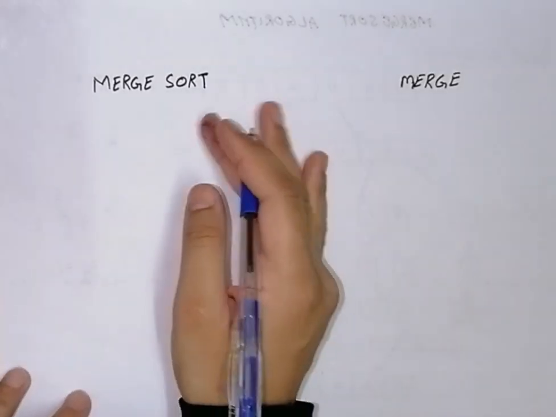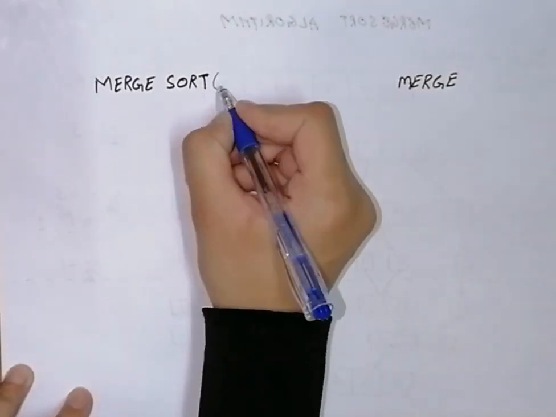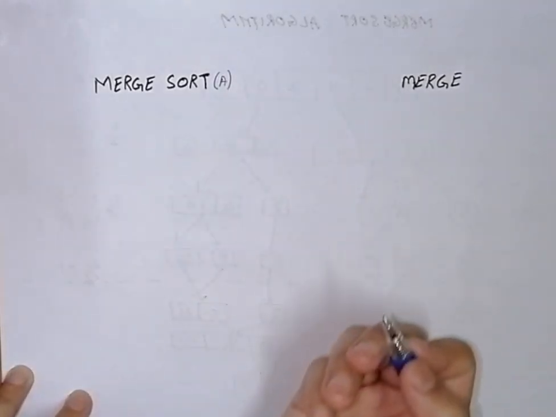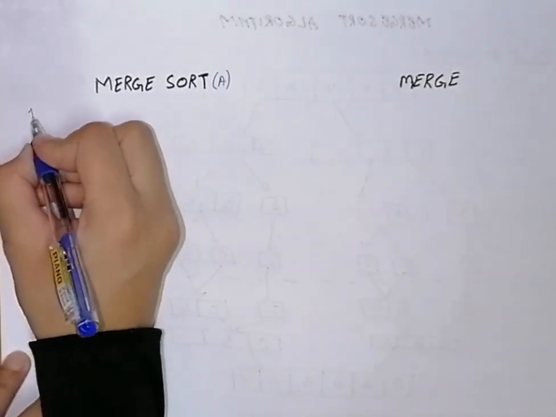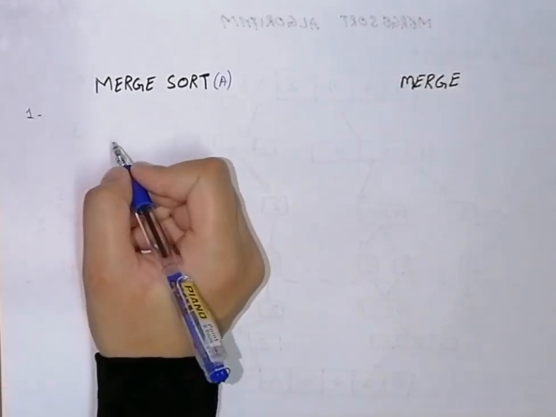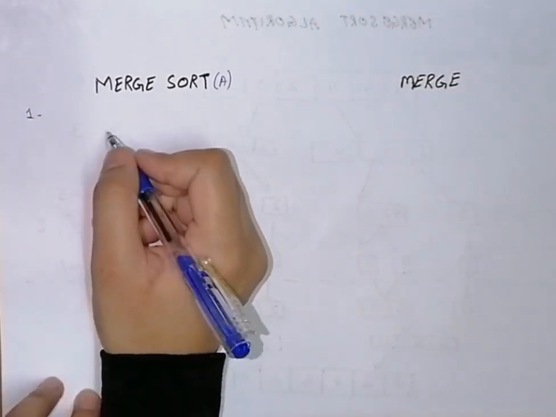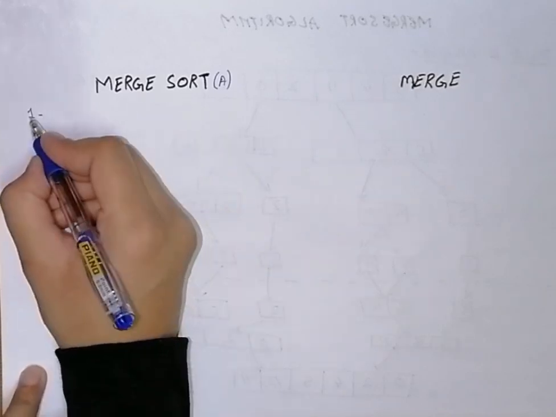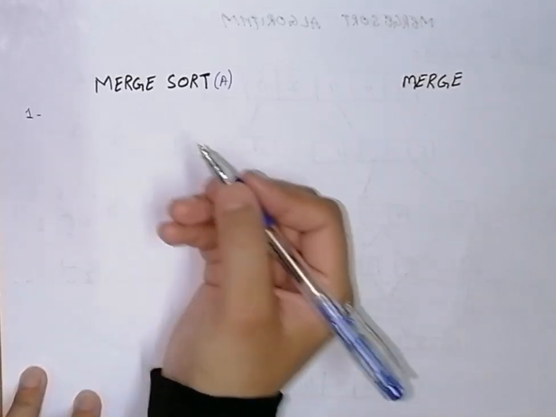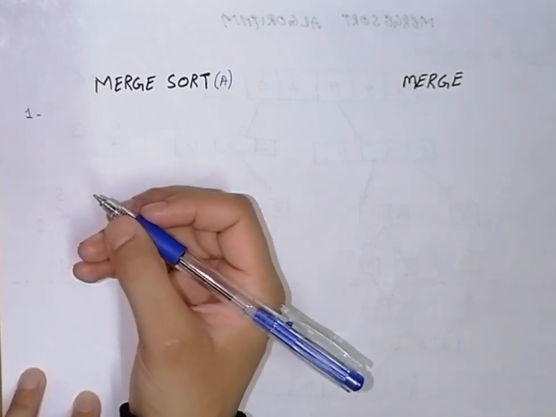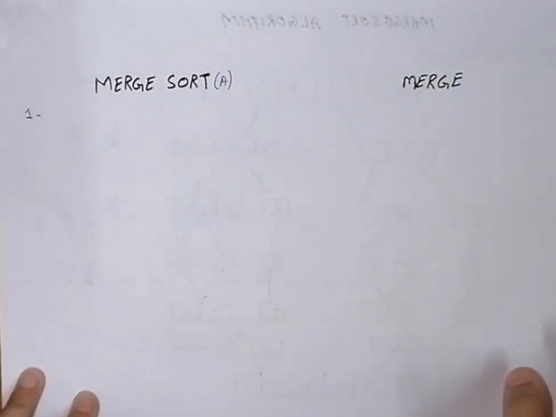Okay, so what MergeSort will do is, let's say it is given an array A of a particular size. At the first step, as iteration number 1, the algorithm checks the base case, that is, whether we have encountered an array of size 1 or not.